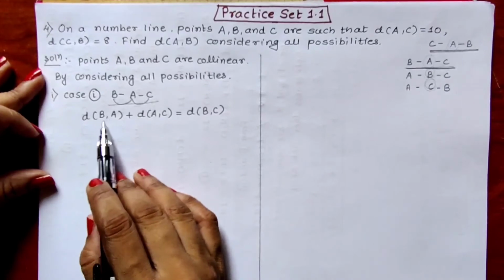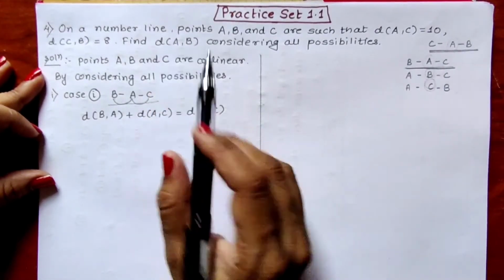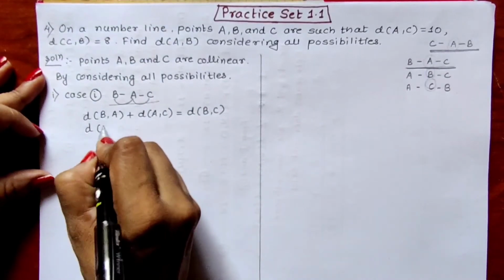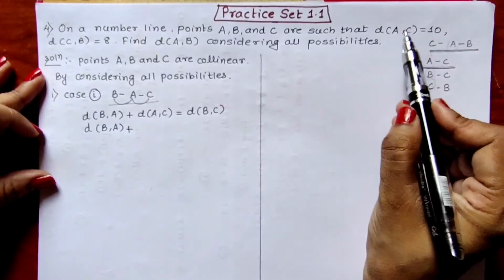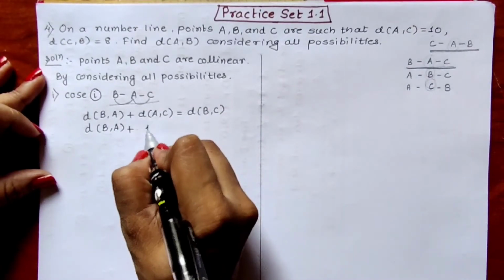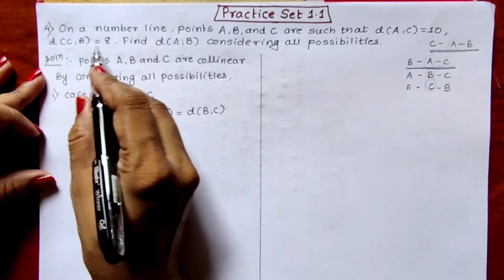Now BA means AB. BA and AB are the same thing. So BA we have to find out. I write distance BA as it is, plus AC is given to us, it is 10, equals BC, which is 8.